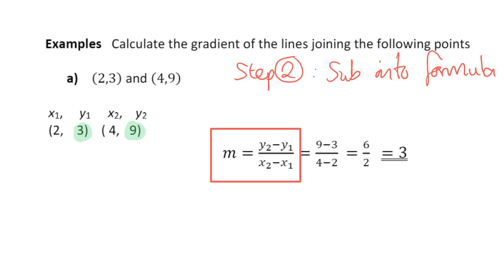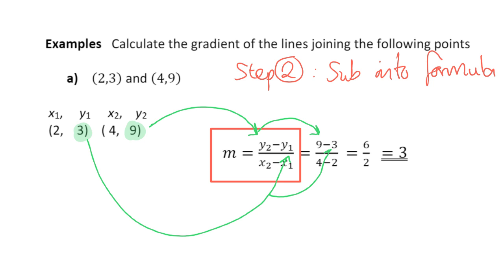Hopefully, it's clear to see that those values are just going to jump straight into the formula, which in this case, the y2 goes to the 9. The y1 should go in here, or in fact there. So we've got 9 take away 3. That gives us our 6 as the difference between these two points on the y-axis.